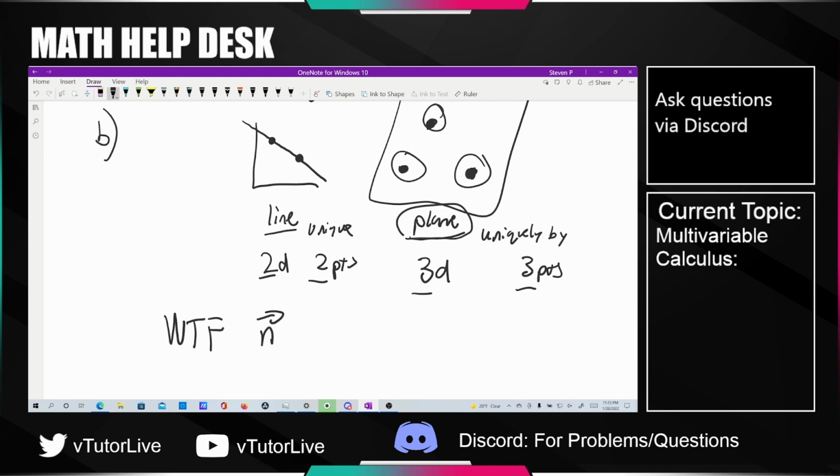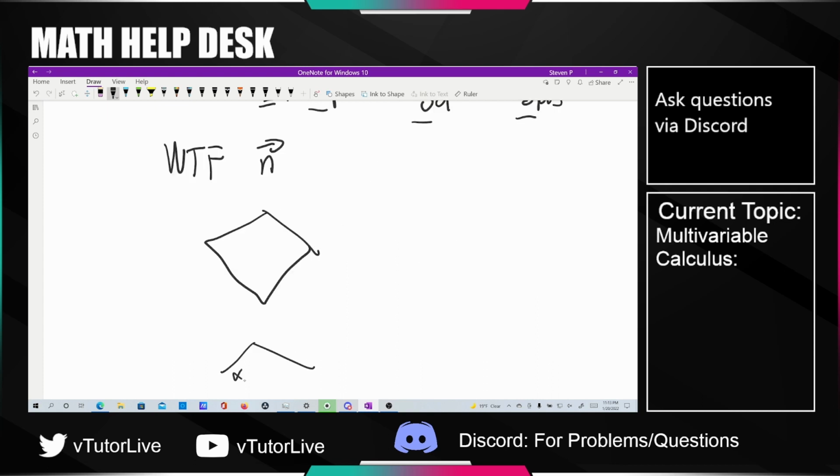The reason we want to find a normal vector: if this is your X, Y, and Z axes, and this is your origin, the idea is that if you can give me a vector on this plane, and also a normal vector, that's basically all you need to specify the equation of a plane, because you can say this is P and this is P naught, and this is R minus R naught.